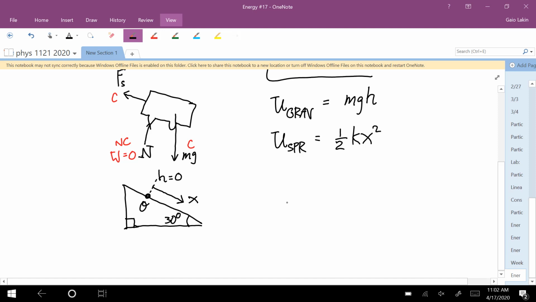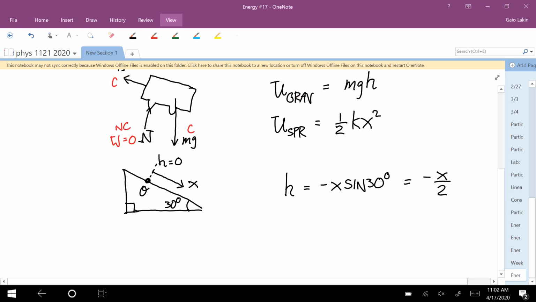Then you can think of the height as negative x times the sine of 30, so negative x over 2. Okay.